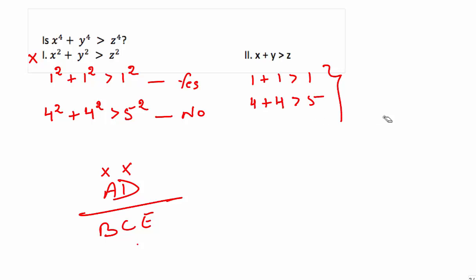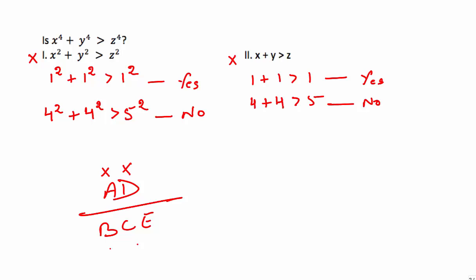But we already know from the previous statement, this assumption of x, y, z will give us yes when we put this in our question here, what they're asking, and this particular assumption will give us no. So immediately we can say again statement 2 is also not sufficient to answer this question.